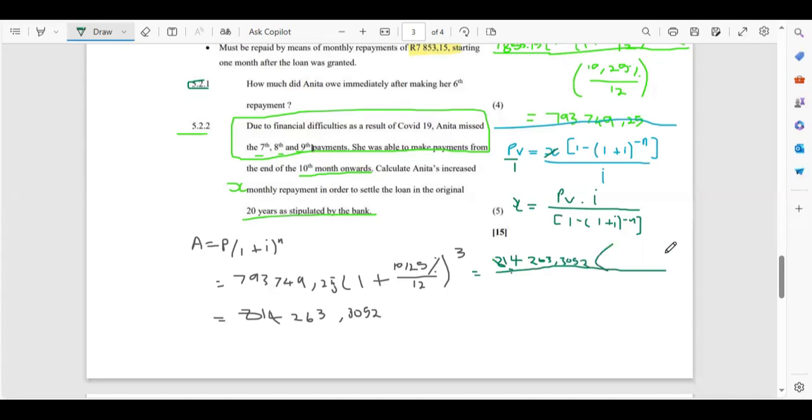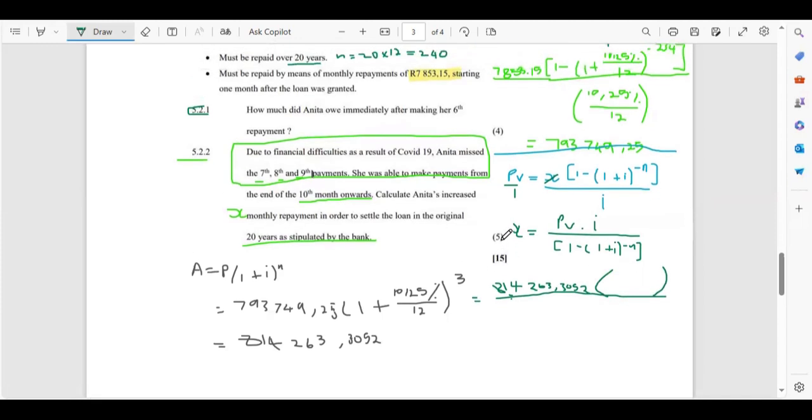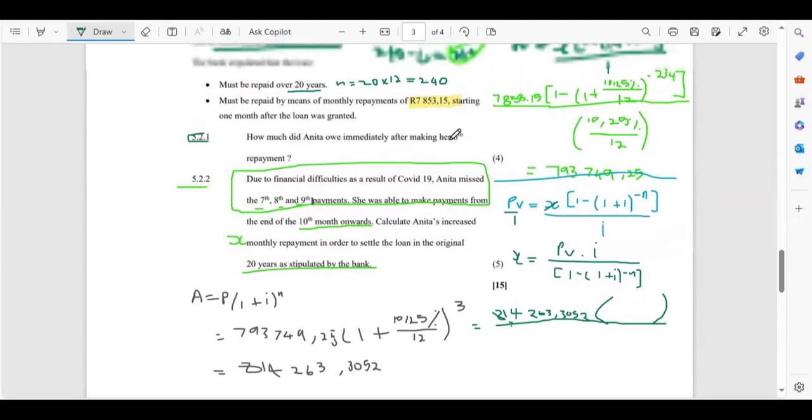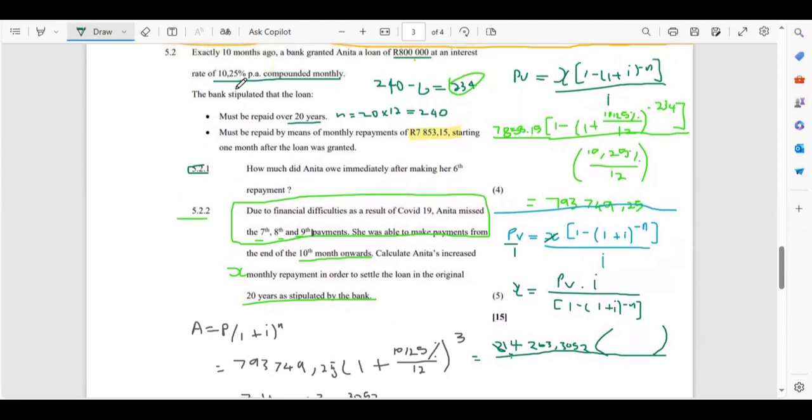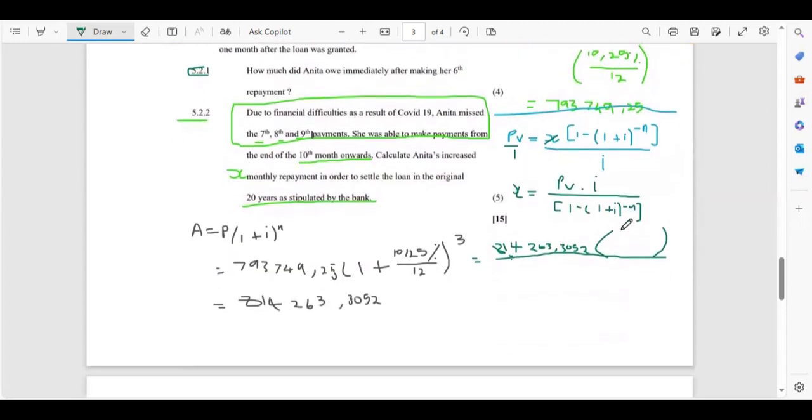So how much is my interest? I don't think my interest changed. So my interest is still, let me just confirm, 10.25% compounded monthly.